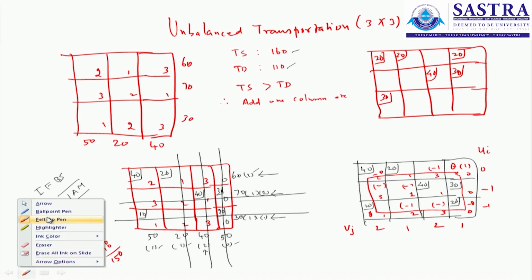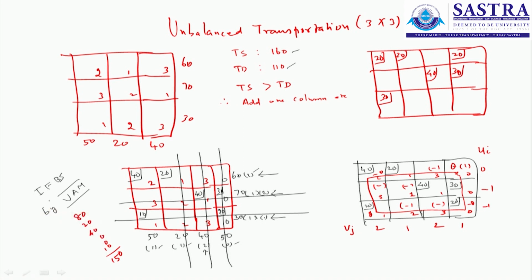Now, I have to compute the total cost, which is 130. Once again we have to find Ui and Vj, where the original place of fixing 0 remains 0 itself. Then for all basic cells, in minus out: 0 minus 0 is 0, 1 minus 0 is 1, 2 minus 0 is 2, 1 minus 2 is minus 1, then 0 minus 0 is 0, 1 minus 0 is 1.